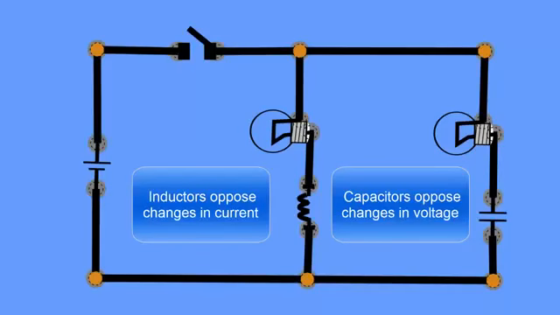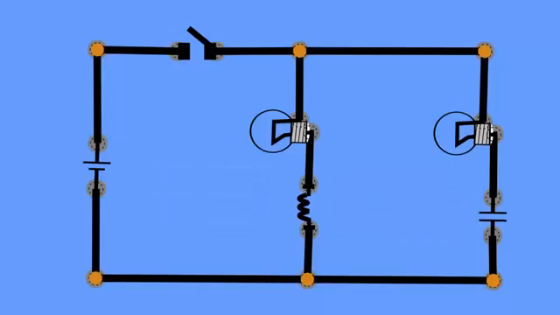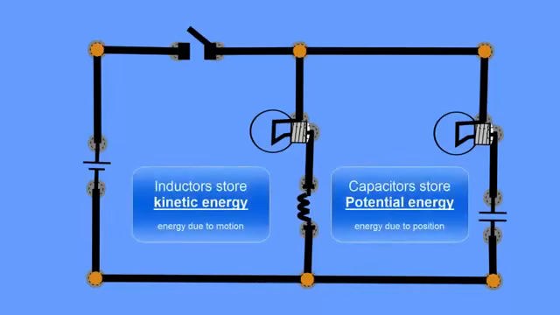The other thing we want to look at is that they both store energy. The capacitor stores potential energy, and the inductor stores kinetic energy. The inductor stores energy due to the movement of electrons, while capacitors store energy in the position of electrons on the plates.